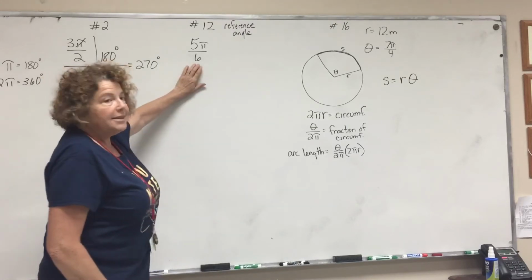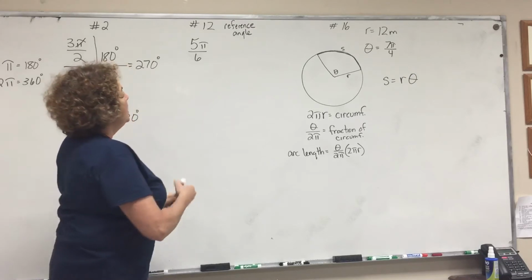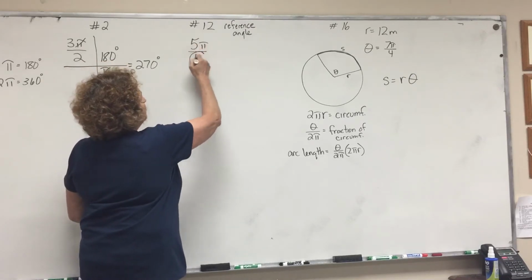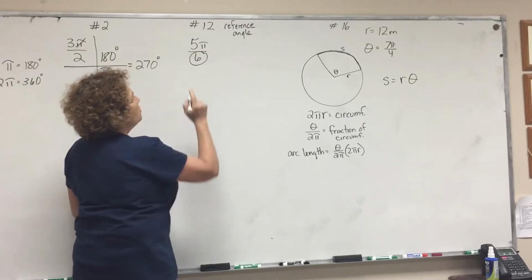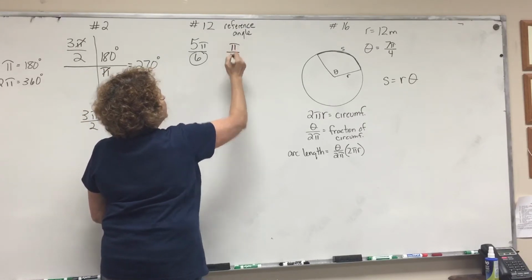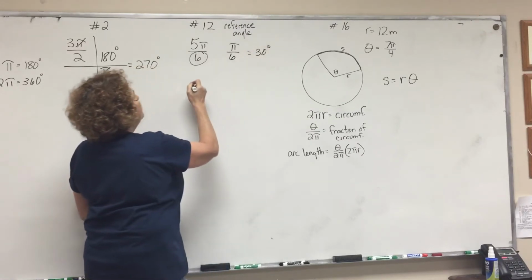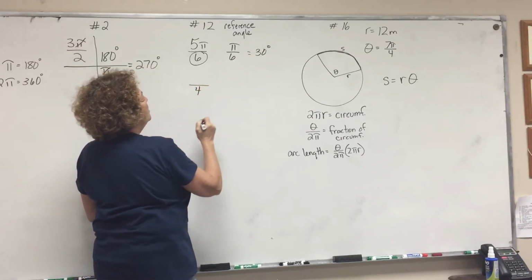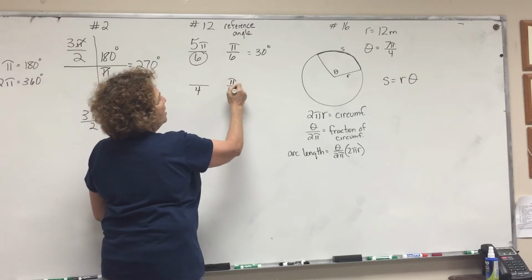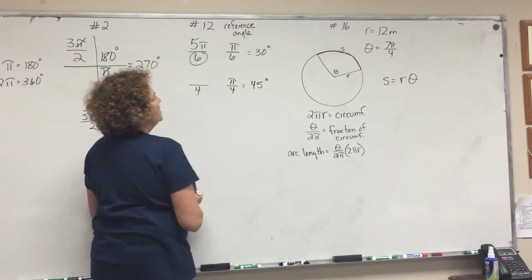Okay, over here they're asking for a reference angle. Well, there's a quick, easy way to know this. If the denominator of the reduced fraction is a 6, your reference angle is going to be pi over 6, which is 30 degrees. If the denominator is a 4, then your reference angle is going to be pi over 4, and that's always 45 degrees.